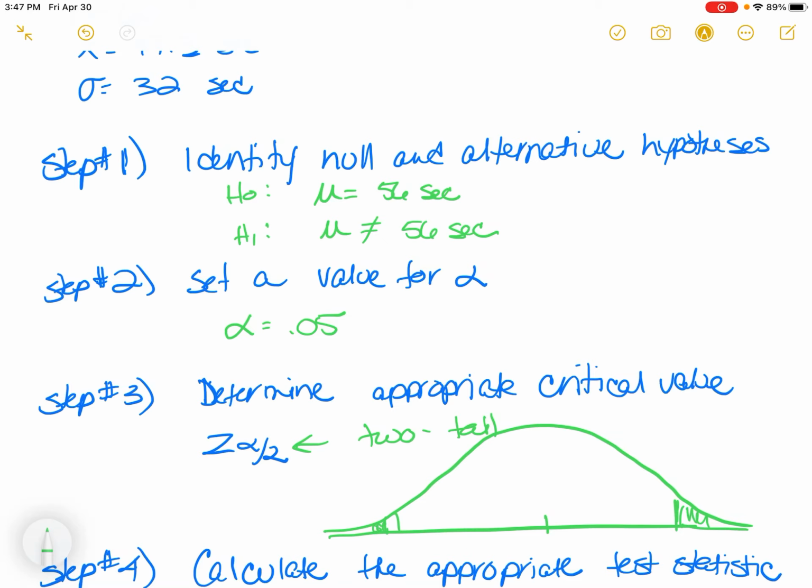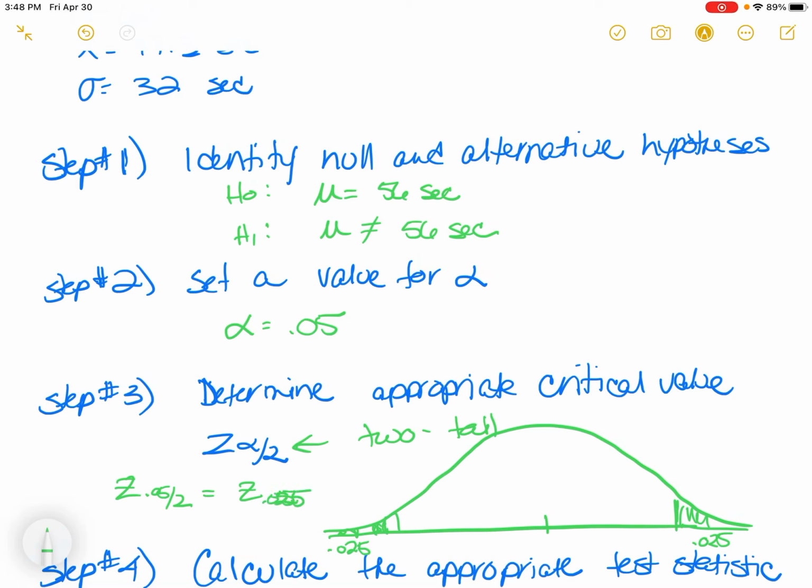So we know this alpha is going to be split. It's going to be 0.025 on this side and 0.025 on this side because it's symmetrical. So this is the z-score of alpha divided by 2, and that would be the z-score of 0.025.